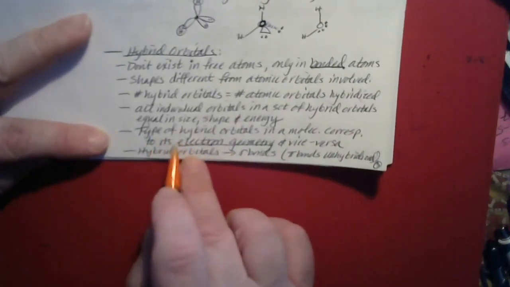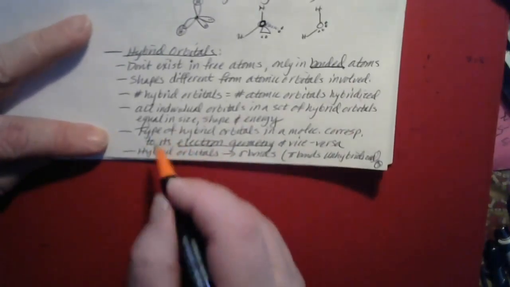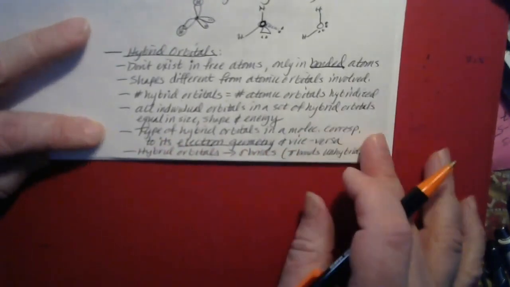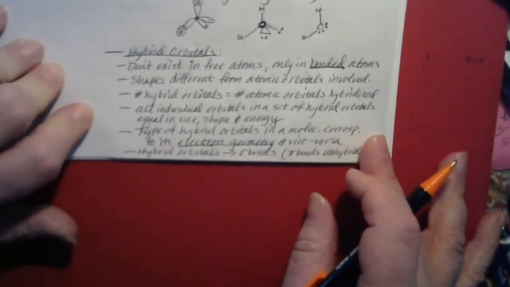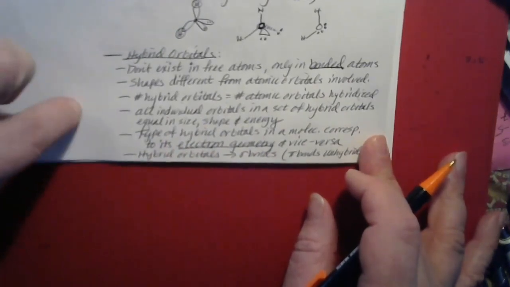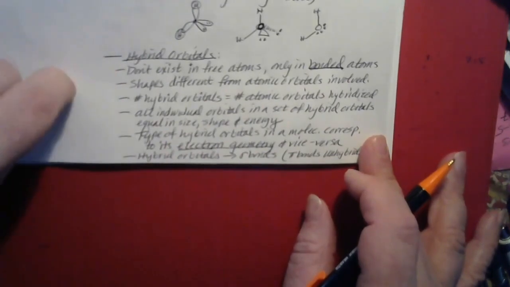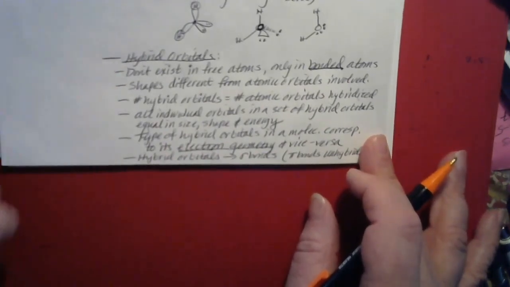Okay. The types of the hybrid orbitals in a molecule correspond to its electron geometry and vice versa. So if you know what type of hybridization is involved in the central atom of a molecule, you know what its electron geometry is, and vice versa. If you know what its electron geometry is, you know what type of hybridization is involved.